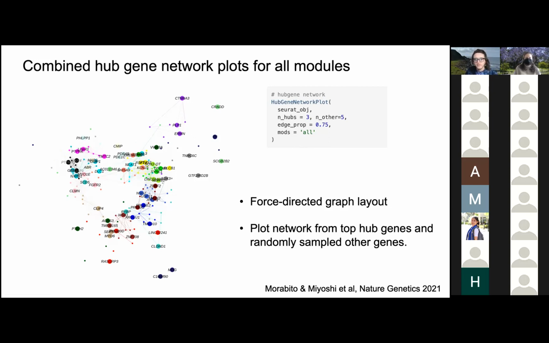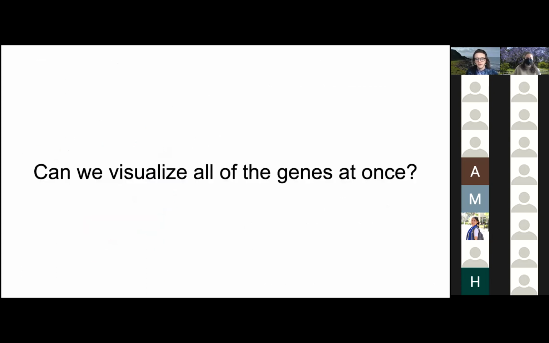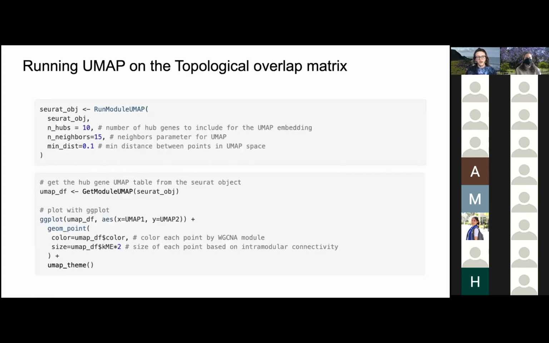Because I'm always thinking about what if you want to see everything together, I tried to run UMAP directly on the topological overlap matrix. As a reminder, it's a square matrix with a value for each gene in the rows and in the columns.